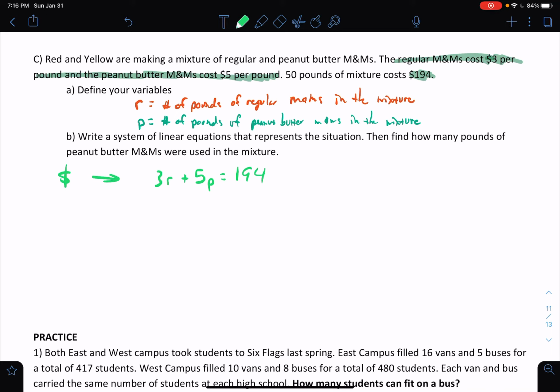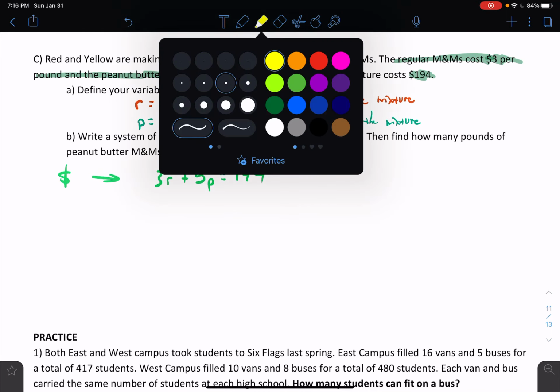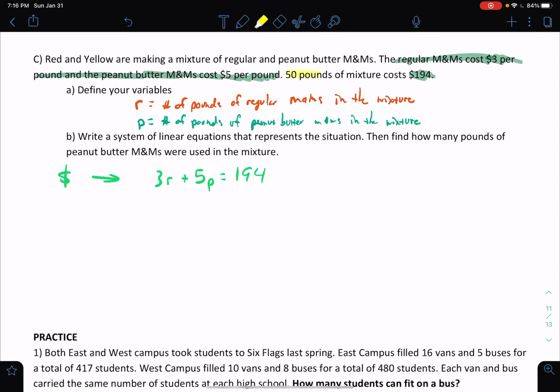So what number in this problem have we not dealt with yet? Oops, we haven't dealt with this 50 pounds. So that's a total, but it doesn't deal with money. It just deals with how many pounds of mixture there are. Remember, what's in this mixture?